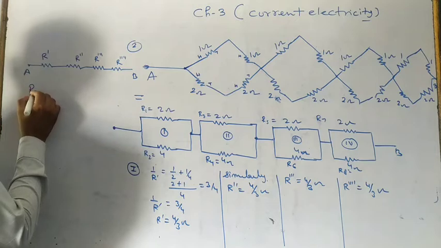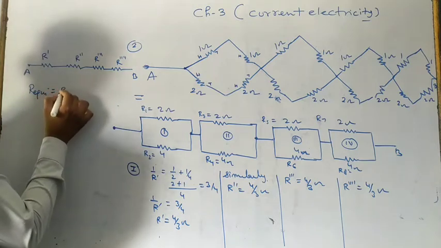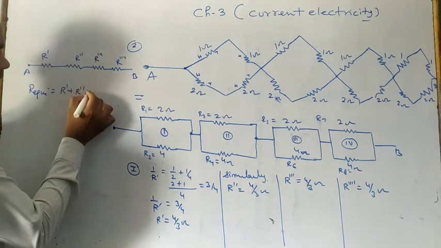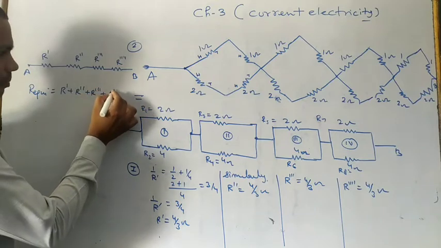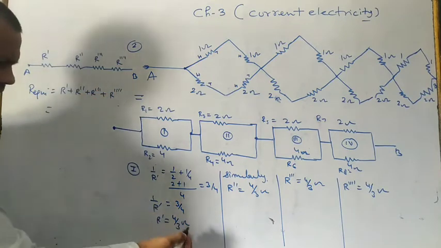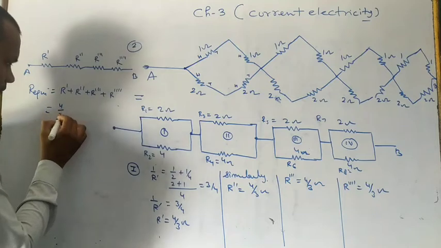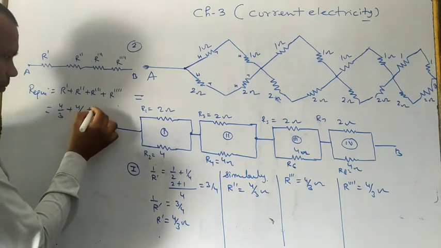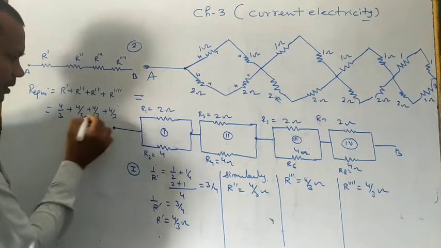So R equivalent is equal to R dash plus R double dash plus R triple dash plus R power 4 dash, right? So 4 by 3 plus 4 by 3 plus 4 by 3 plus 4 by 3.